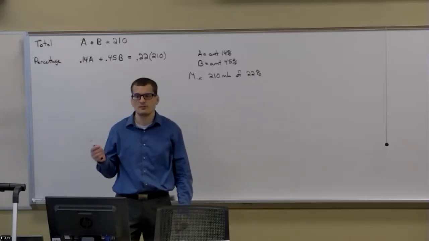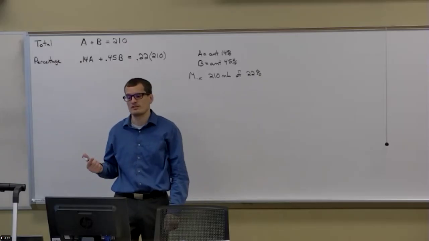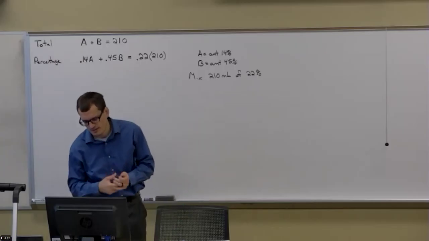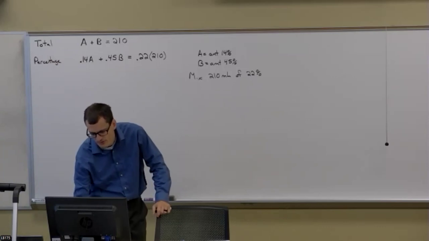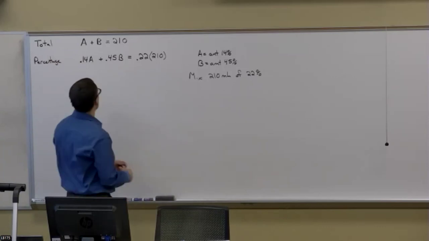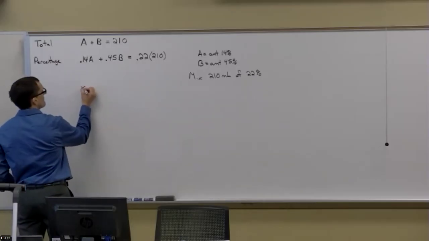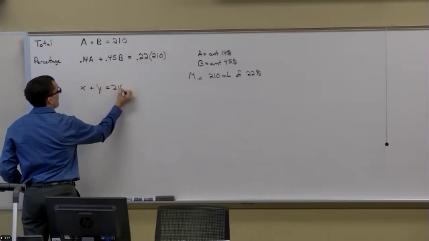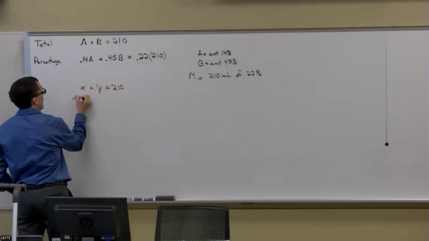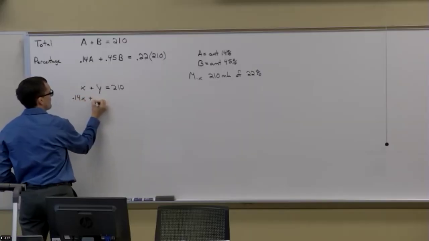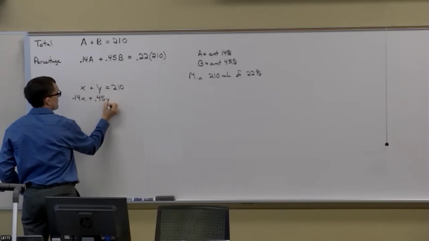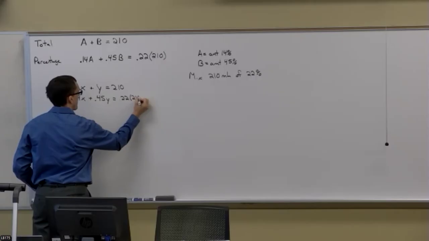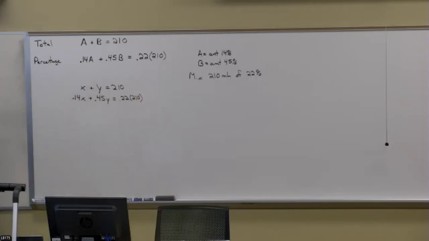We can solve it through substitution if you'd like. You can solve it through elimination if you'd like. Right now, just to save a little bit of time, I'm going to solve through graphing, and I'm going to replace the A with the X and the B with the Y, so that I can graph the system of linear equations on Desmos efficiently.